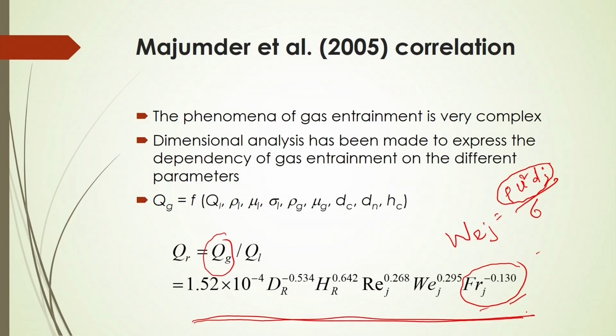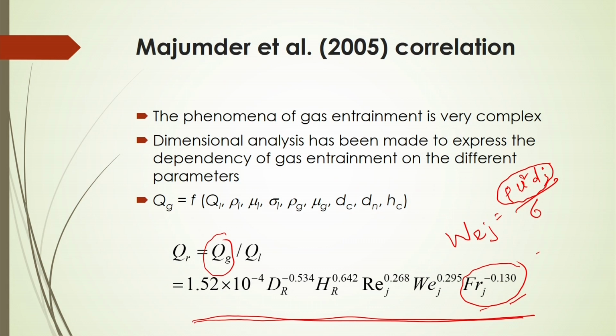So, we can have these correlations based on the operating conditions and the entrainment characteristics from experimental observations, and we have proposed one empirical general correlation which tells you at which liquid jet velocity what amount of gas is entrained in the downflow system, for getting more contact area between gas and liquid.